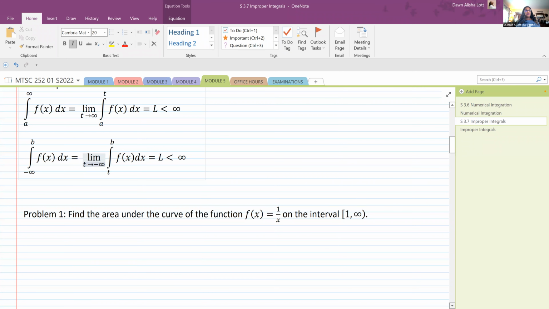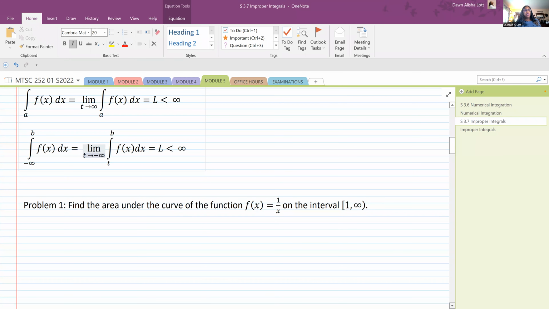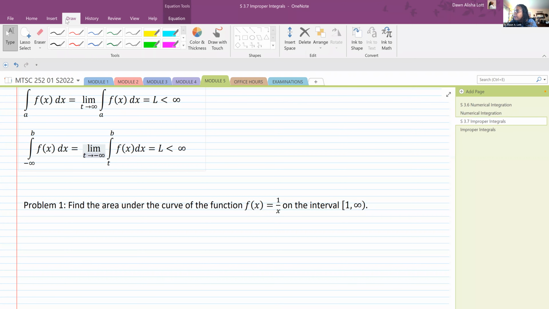Okay, so here's the first problem. Find the area under the curve of the function f of x equals 1 over x on the interval 1 to infinity. All right, so what does that look like?